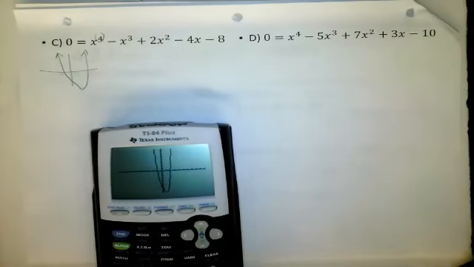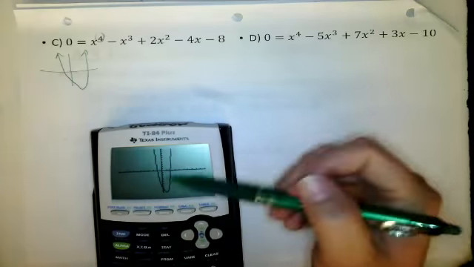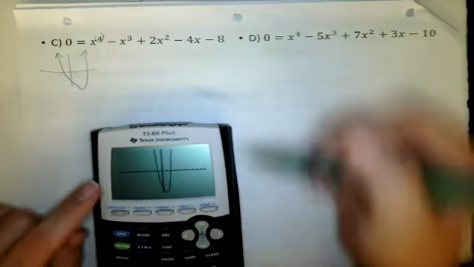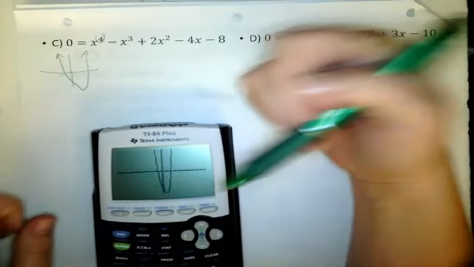The 4th degree polynomials look very much like squared polynomials. In fact, we classify them as even powered or odd powered. Because it's an even power, they all sort of look the same. Lots of different things happen in the middle. But what we see are 2 real solutions.